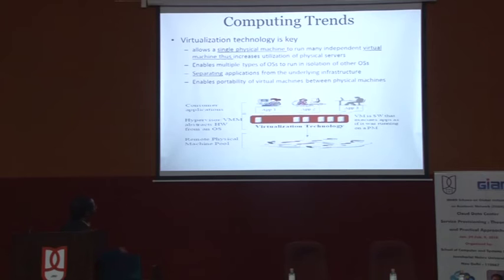The VMs encapsulate your applications, and it also ensures portability of VMs between physical machines, in particular when you want to do VM migrations to increase the utilization level or to decrease energy. And you can consolidate these virtual machines on smaller machines and shut off the unused ones.